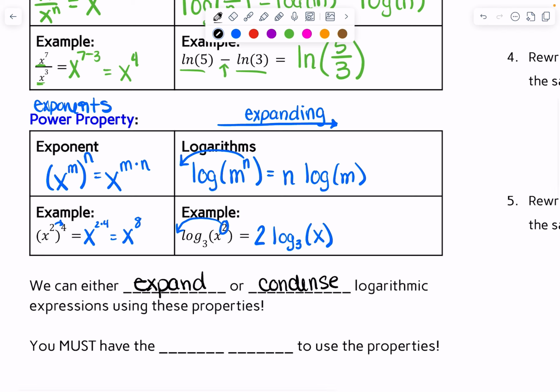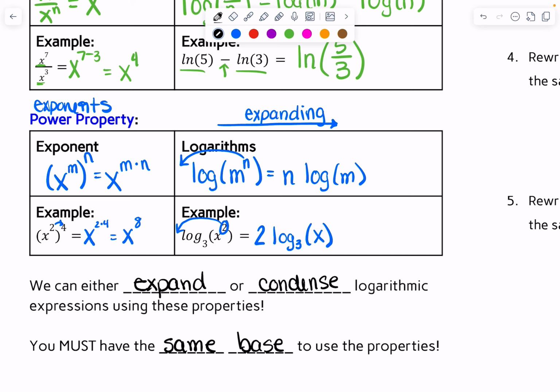Now, the key thing here, in order to use these properties, is that any logarithms you're using must have the same base. This does not work. You cannot condense logarithms that do not have the same base. So we have to have the same base to use these properties.